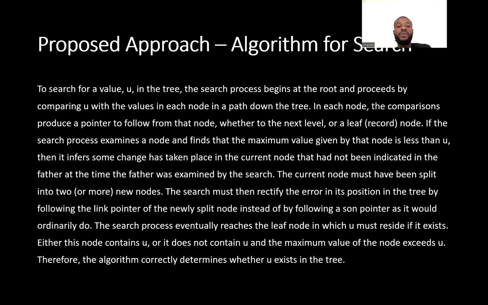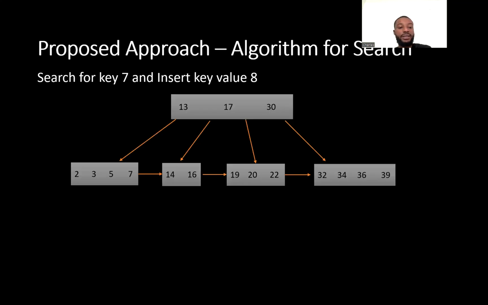This algorithm is from the research paper. I'm not going to waste my time reading it, but let's see an actual toy example for us to further understand this. Let's say we want to run two concurrent operations: search for key 7 and insert key value 8. If the maximum capacity constraint is 4, when we insert key value 8, it will alter the whole structure of the tree.